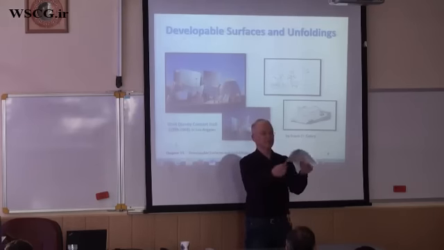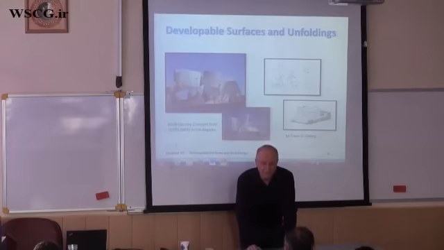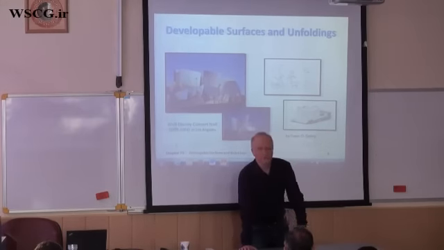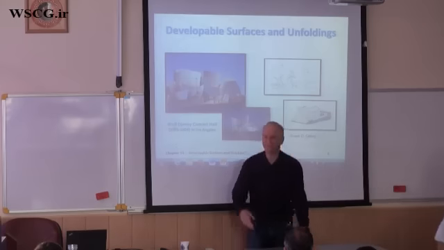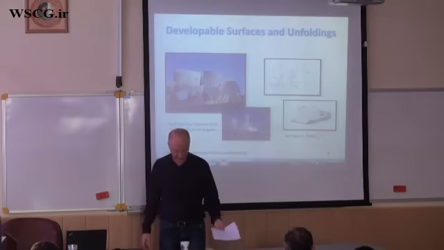If you have two curves on the surface and they intersect at a certain angle, and you map it down to the plane, the angle doesn't change. In geometry, we call it an isometric mapping, a mapping which does not change length and angles.